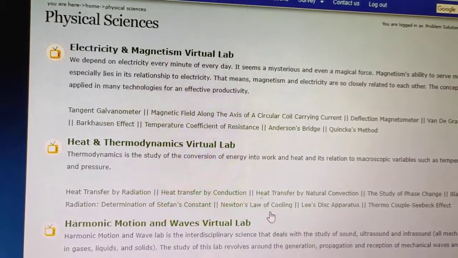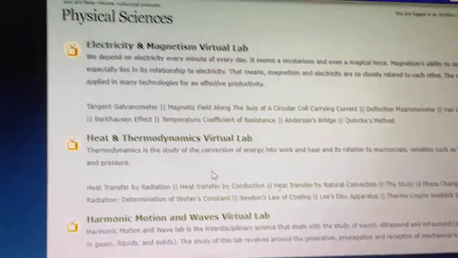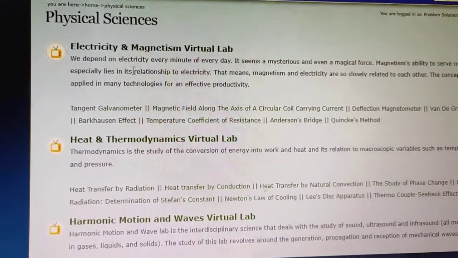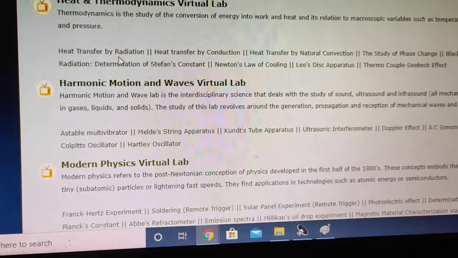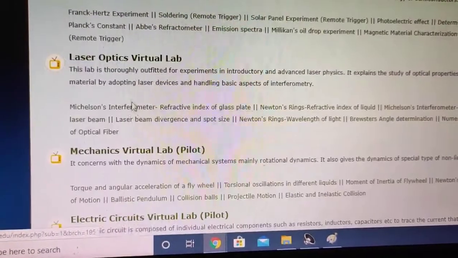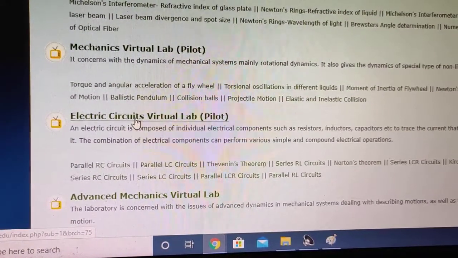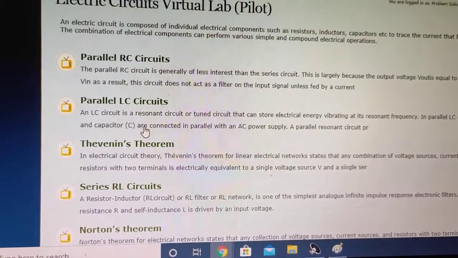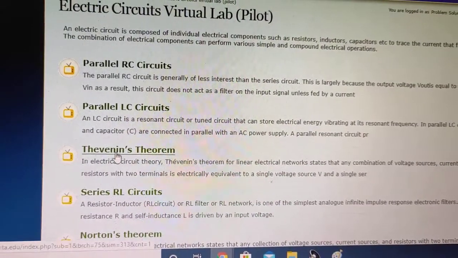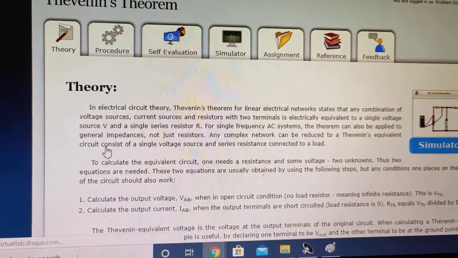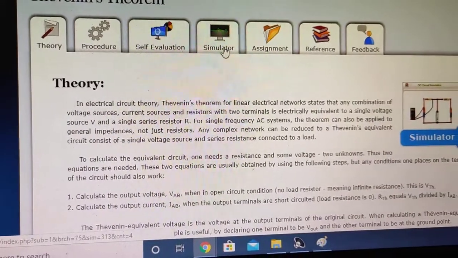In those experiments, go to the electrical circuits virtual lab. In electrical circuits virtual lab, go to the Thevenin's theorem. Now here go to the simulator.